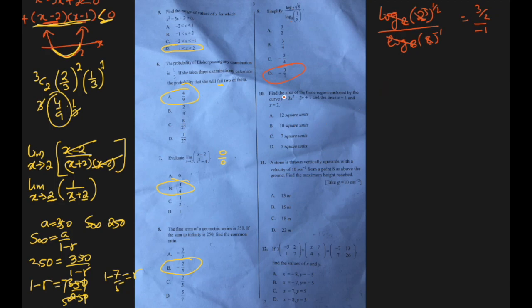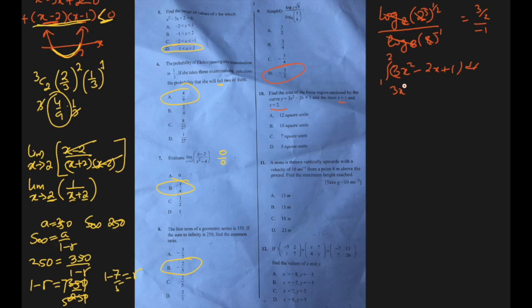What about question number 10? Find the area of finite region enclosed by this curve. So for finding the enclosed area between 1 and 2, we'll write 1 here, 2 here, and we will integrate this curve's equation. Okay, so what do we get with respect to dx, right?